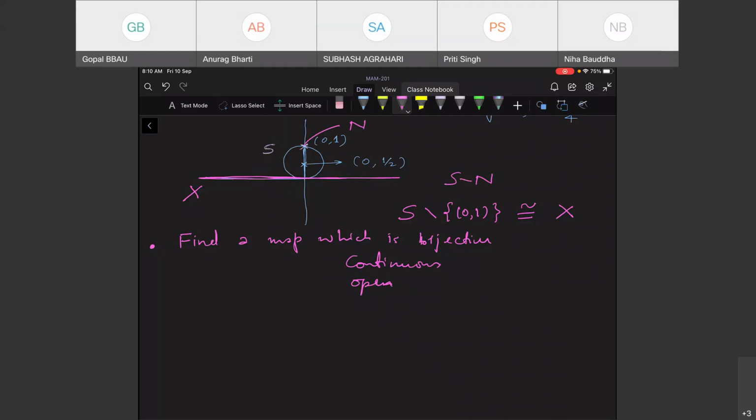Okay, so how will we get this? We will do this via projection. So how will we define this projection? This projection is very simple.